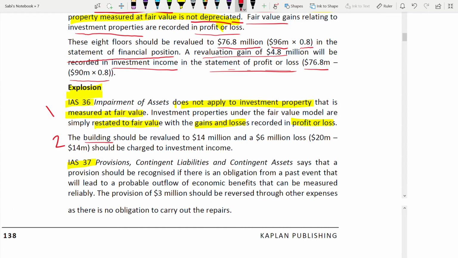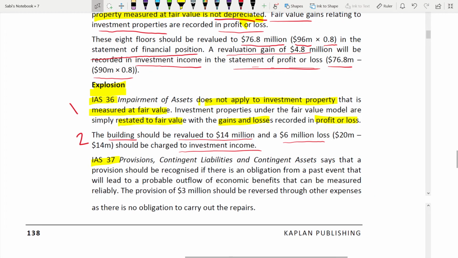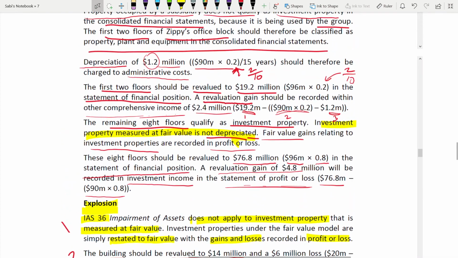So building should be revalued to 14 million and 6 million loss. How 6 million loss? 20 minus 14 should be charged to investment income. Oh, there was a 6 million loss somewhere.